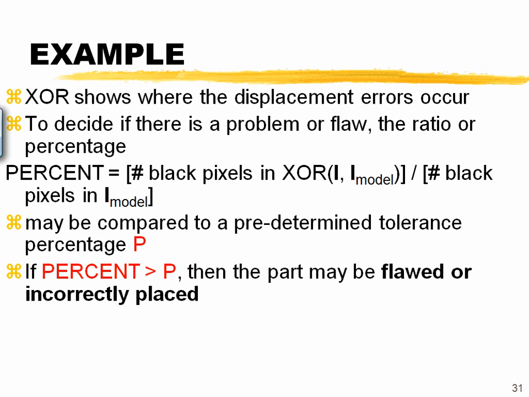So one simple thing you can do is compute the percentage of black pixels that you get as a product of your exclusive OR operation and take a ratio of that number of pixels to the size of the object. Okay? So if this percentage is higher than a certain threshold value, I need to reject that part. If not, okay, I'm happy. Right?